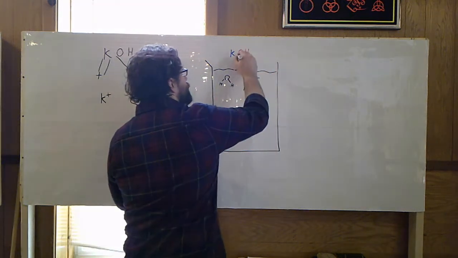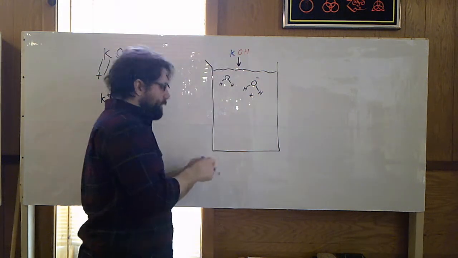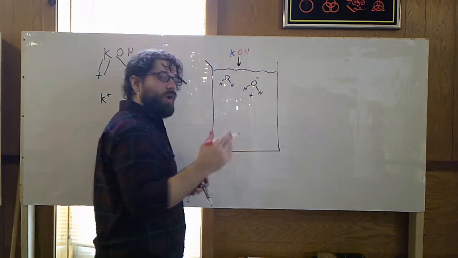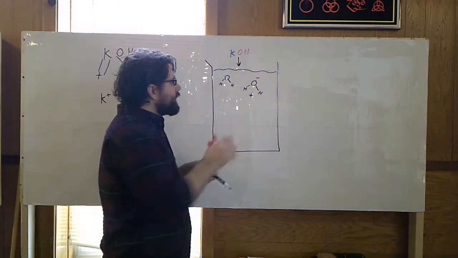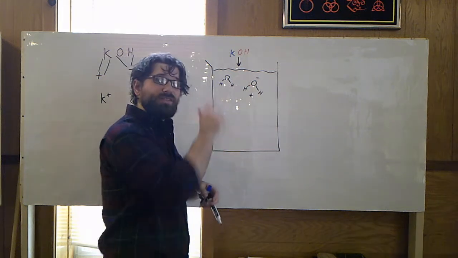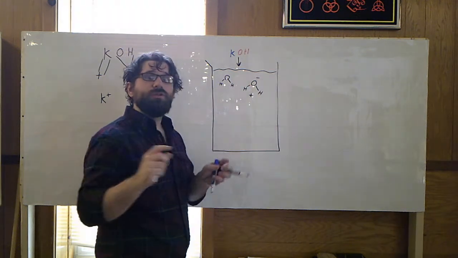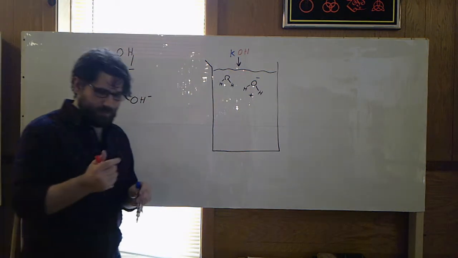And this is going to get dropped in. Once it gets dropped in, my water molecules will surround it on all sides. And because these water molecules act like a little magnet, they have their own positive and negative sides, they're going to interact with the positive and negative ions.